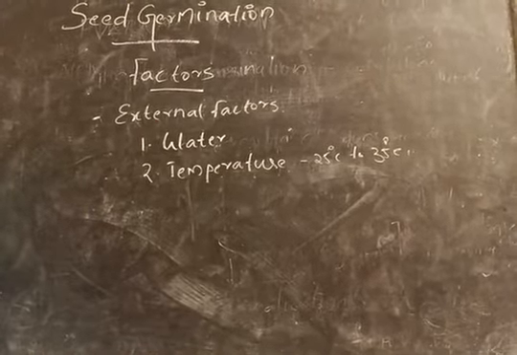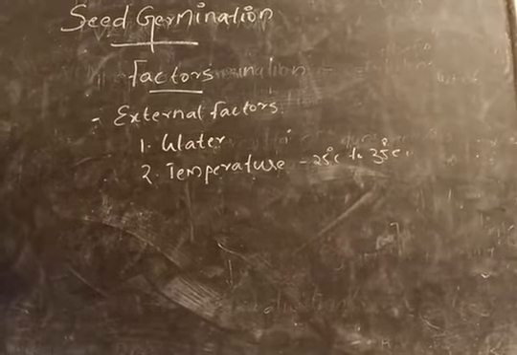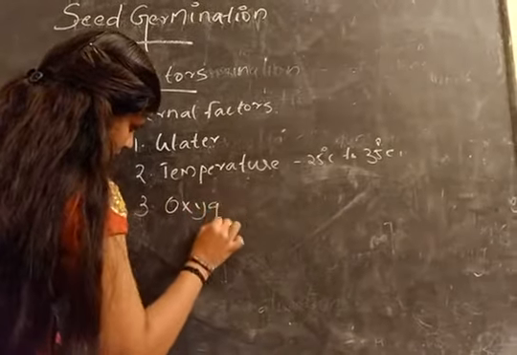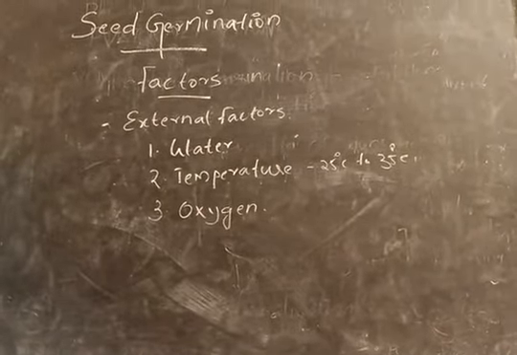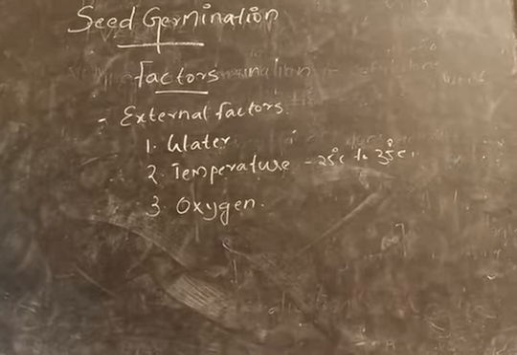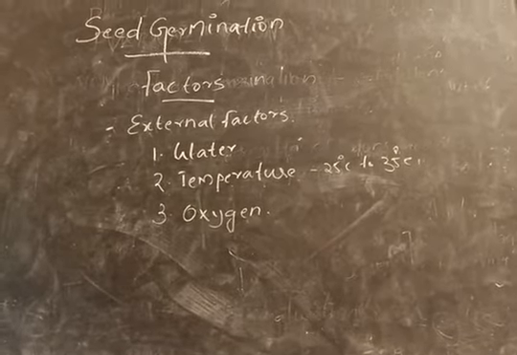The next external factor that affects germination is oxygen. For seeds, aerobic respiration is required for germination. So, oxygen is necessary for the germination of seeds. Then, light.